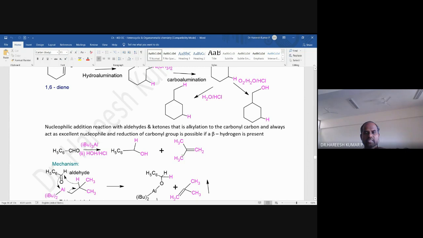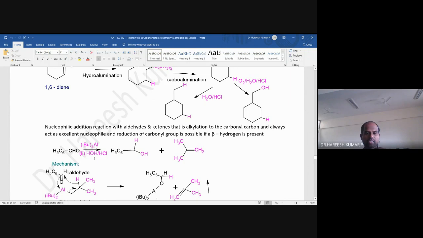So what is the reaction? Conversion of an aldehyde to alcohol by using triisobutyl alane, followed by hydrolysis. What is the need of doing hydrolysis? Just to cleave the aluminum bond. Aluminum is replaced with proton.